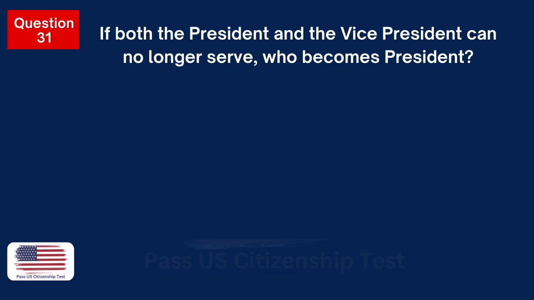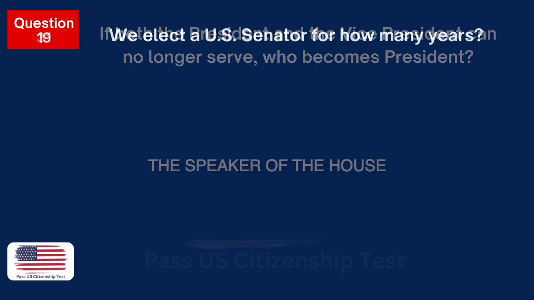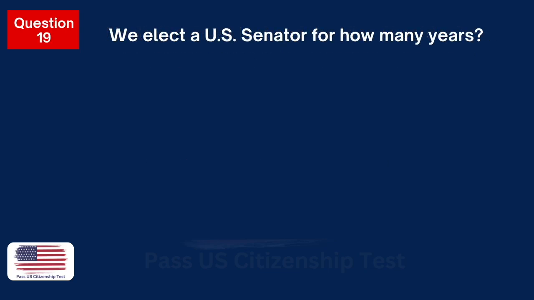If both the president and the vice president can no longer serve, who becomes president? The Speaker of the House. We elect a U.S. Senator for how many years? Six.